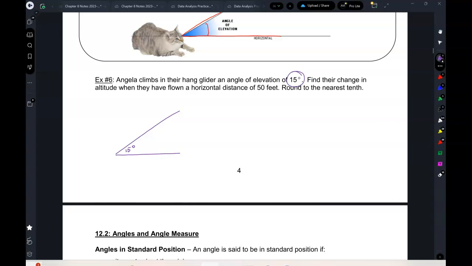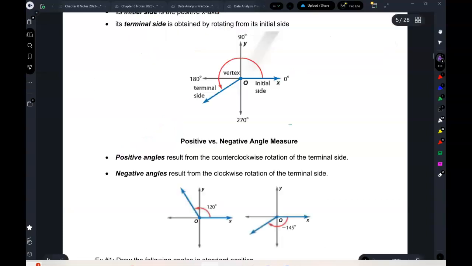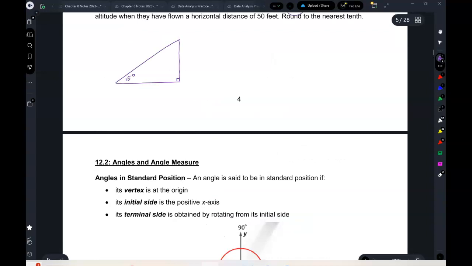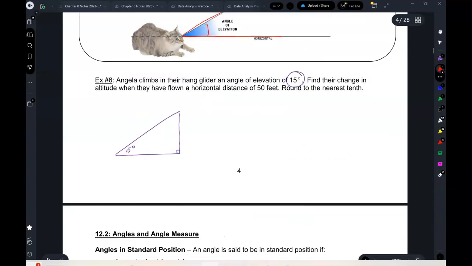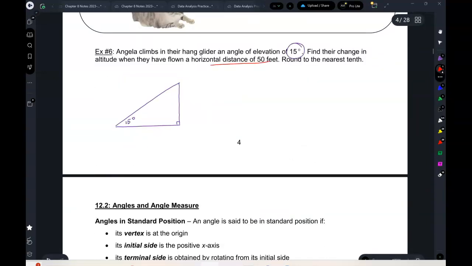You want to find the change in altitude when they have flown a horizontal distance of 50. Okay, so when you're dealing with angles and distances, you always have to think right triangle. So now I have this, and I can always turn this into a right triangle. Now, they have flown a horizontal distance of 50 feet. That's this. And you want to find the change in altitude, the vertical distance.